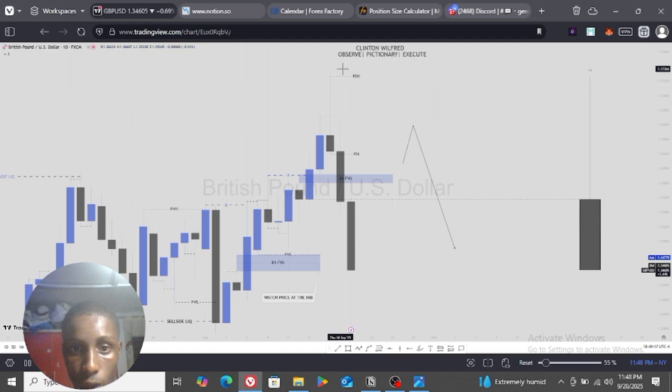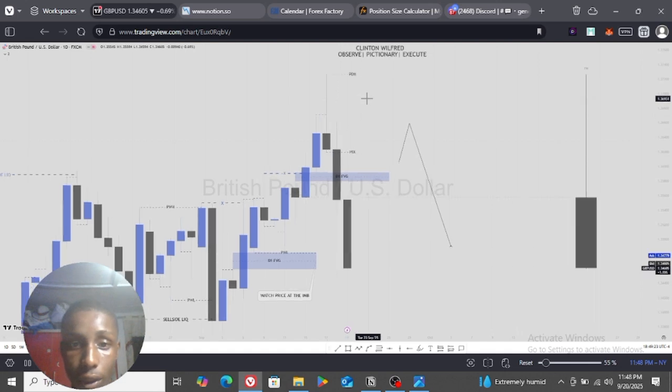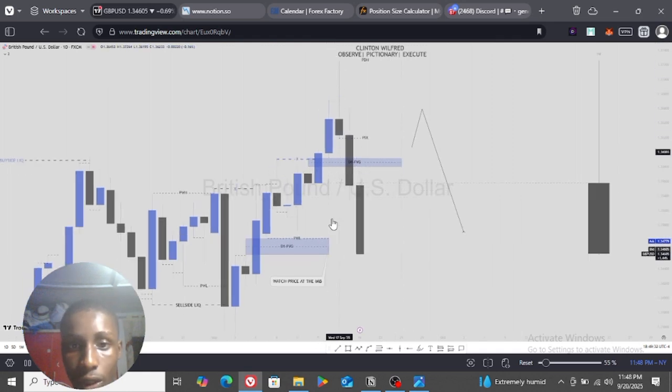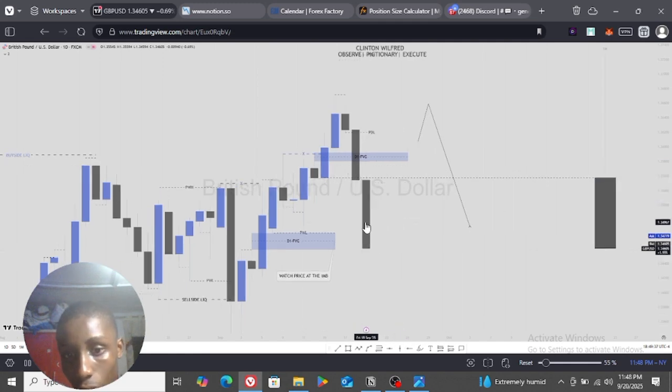So we went as high as 1.37264. Then you can see we had this reversal on Wednesday. That's a midweek reversal. Wednesday took out Tuesday highs and we started dropping lower. See where we closed on Friday.